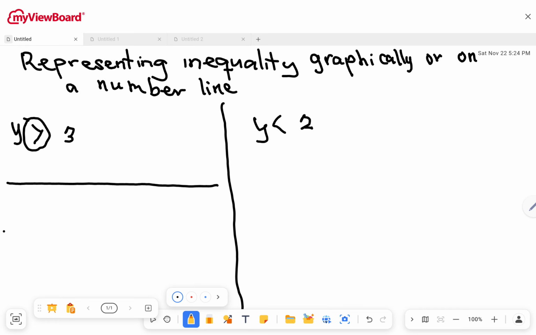After drawing your straight line, you are supposed to divide this straight line into 2 parts. And it doesn't matter if the left side is more than the right side or the right side more than the left side. All that you need to do is divide the line into 2.